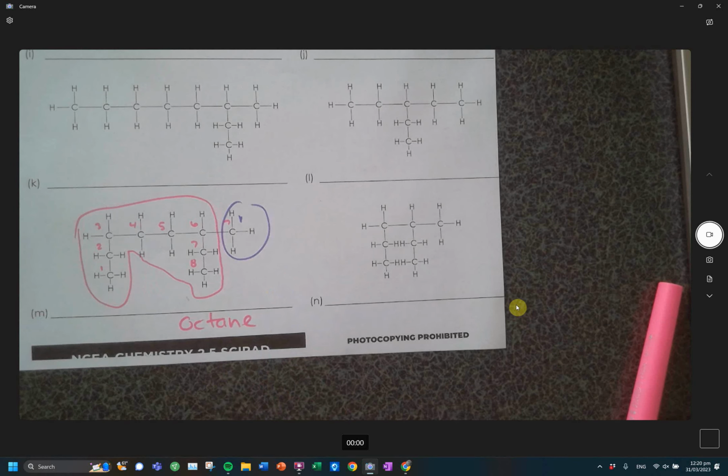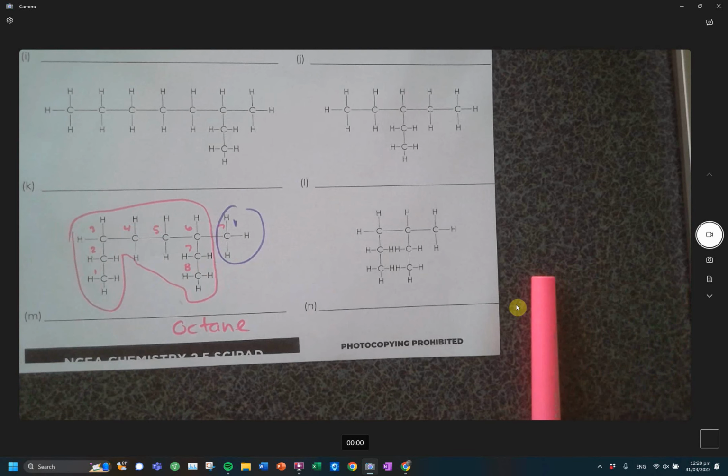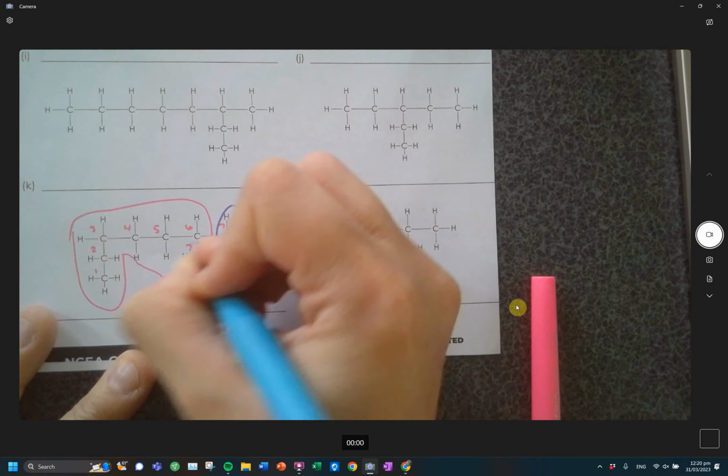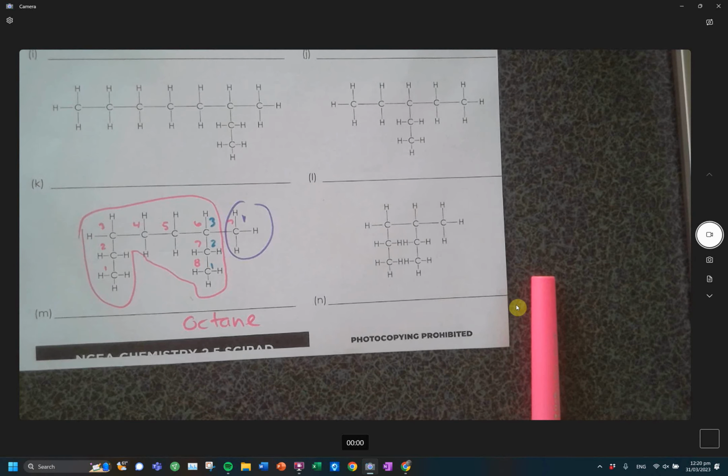So that's methyl, and then what would I number it as? So if I number it this way, it's 6. If I number it the other way, and I go 1, 2, 3, is that the lower number, 3 or 6? 3. So this would be 3 methyl.